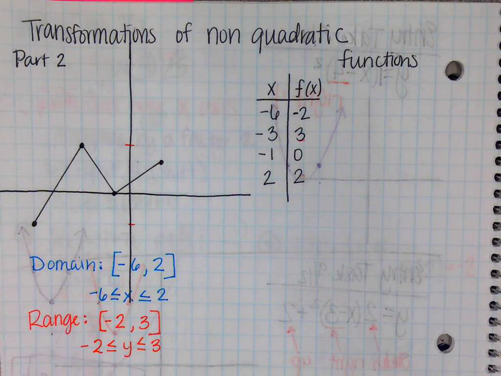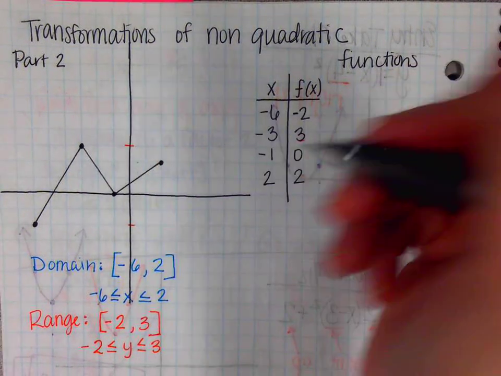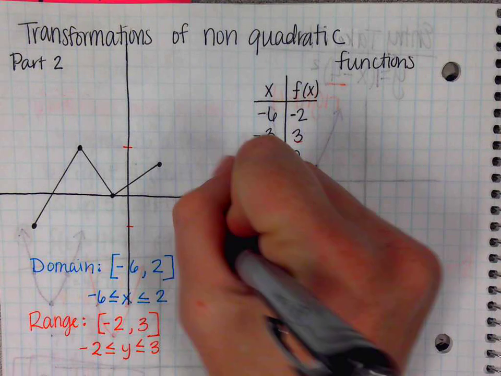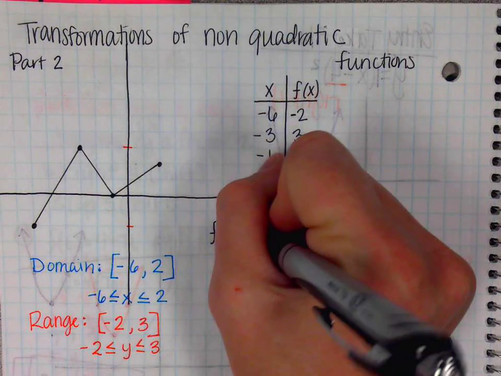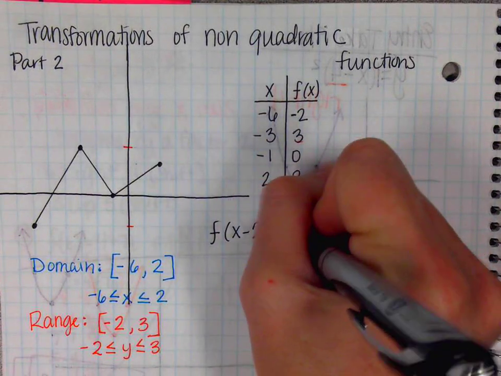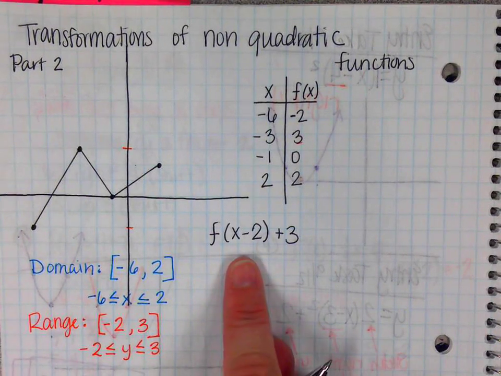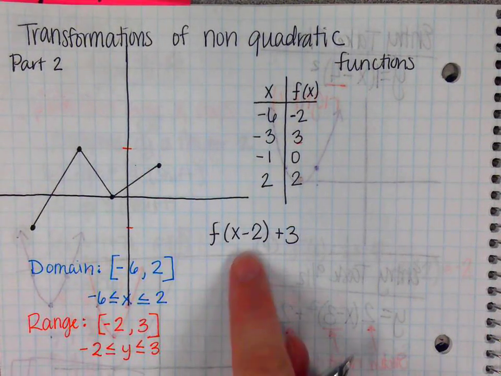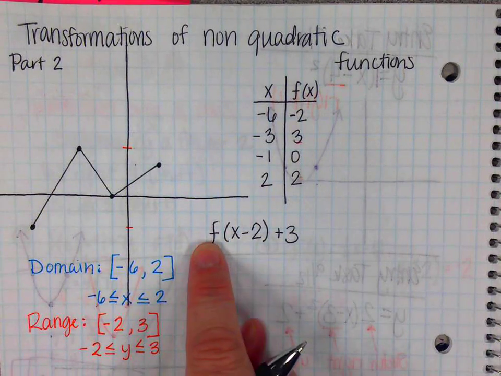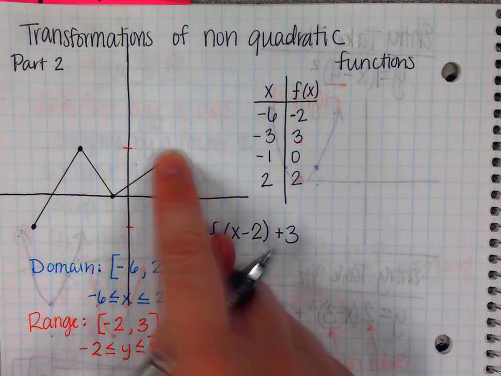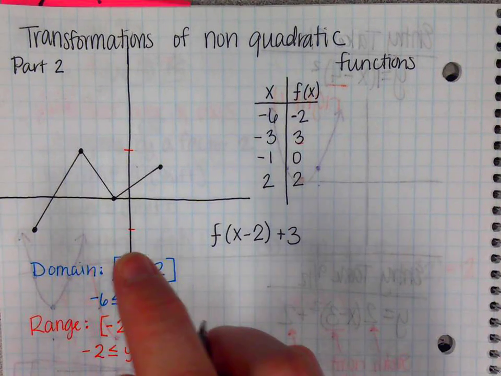Then for f(x - 2) + 3, something that I kept noticing when we were working on that worksheet is that people kept just drawing a U or a parabola. Remember that f means take the original function. So you can't forget that.